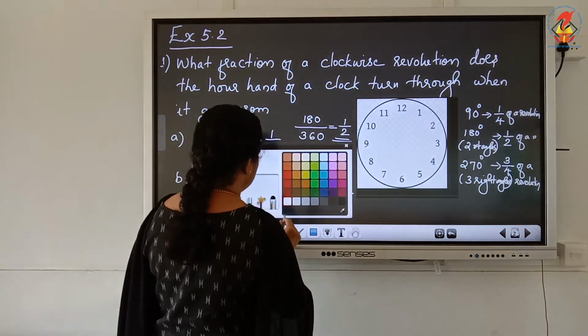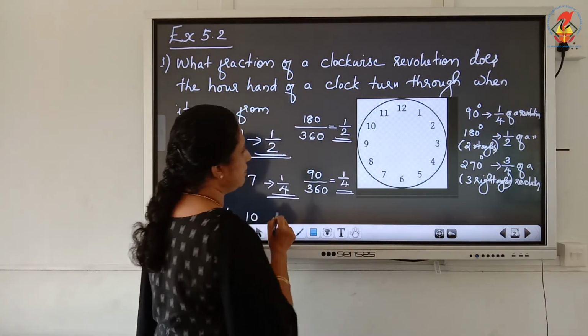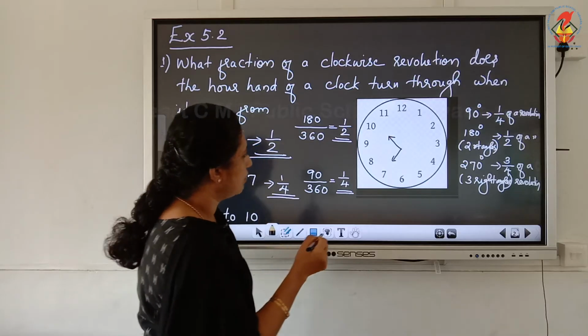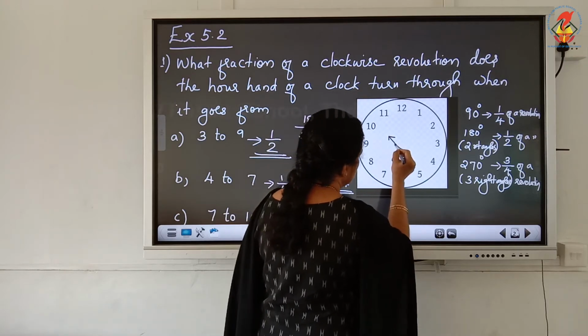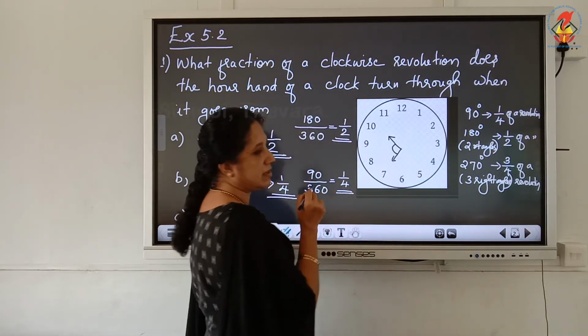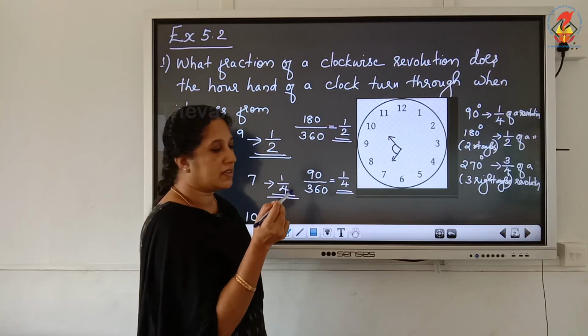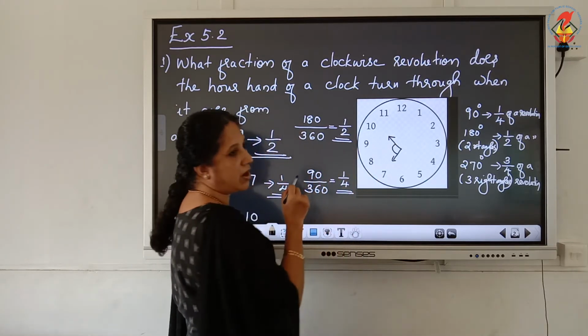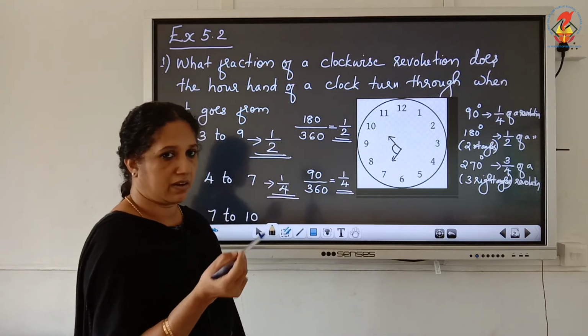Now the next one, 7 to 10. The hour hand goes from 7 to 10. So what is the angle turned? What is the angle formed between these two rays? So how can you find out? Count the number of hours. 1, 2, 3. 3 hours.